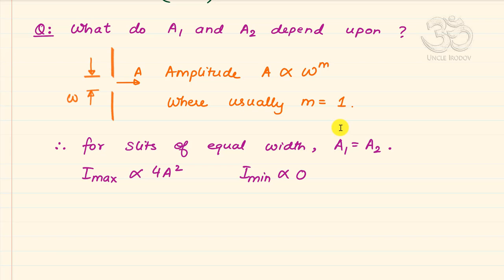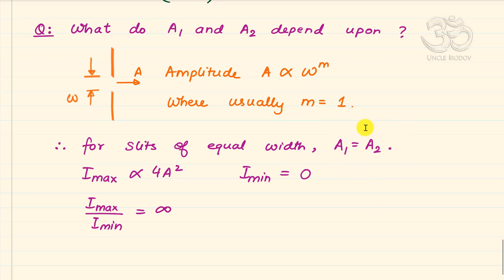In fact, I don't even have to write this symbol here. I can just say is equal to 0, because whatever is the constant of proportionality, when I multiply it by a 0, I will get the answer as 0. So I max to I min will be infinite. But all this is only when the two amplitudes are equal. So you have to bear that in mind.